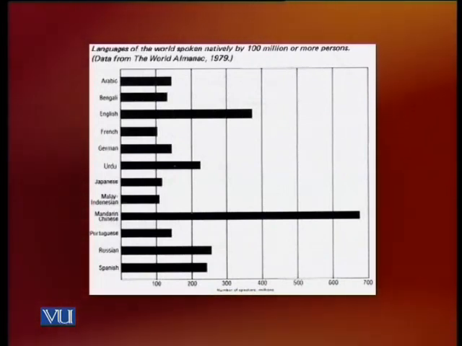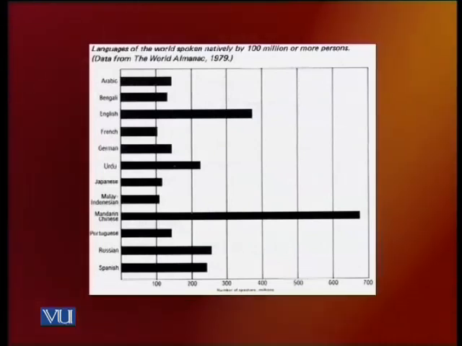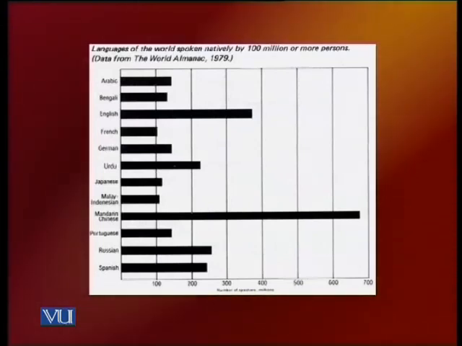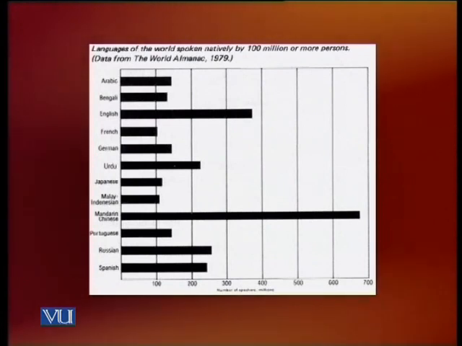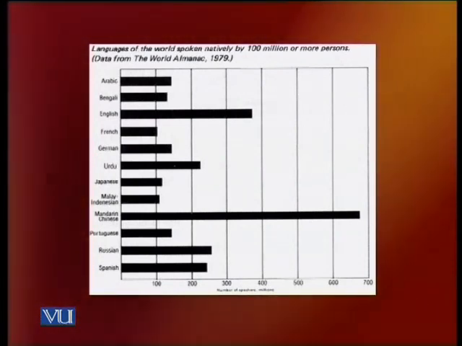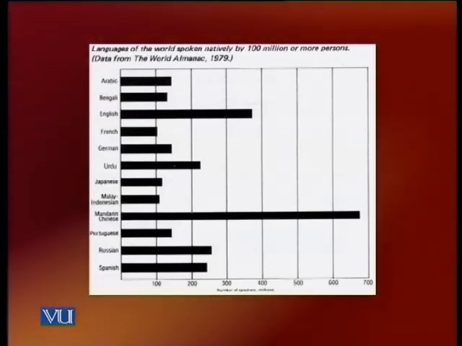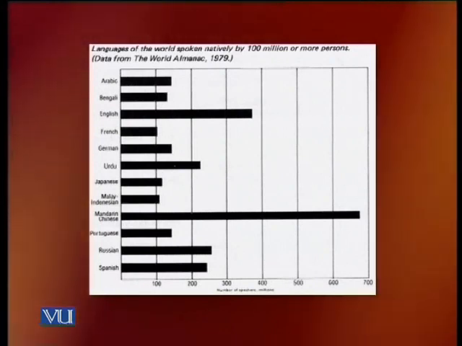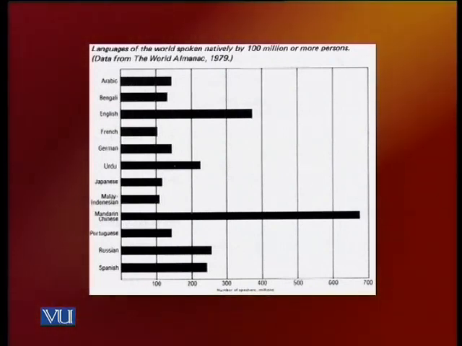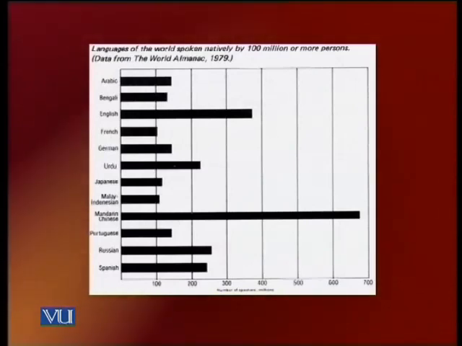This graph gives you data about the world, and it is the year 1979, a long time ago. Many of you were not even born at that time. Look at the bar graph.